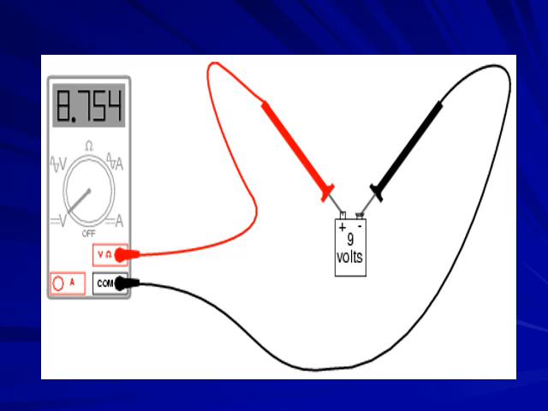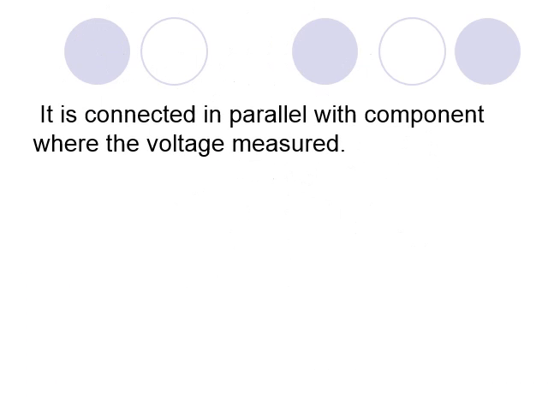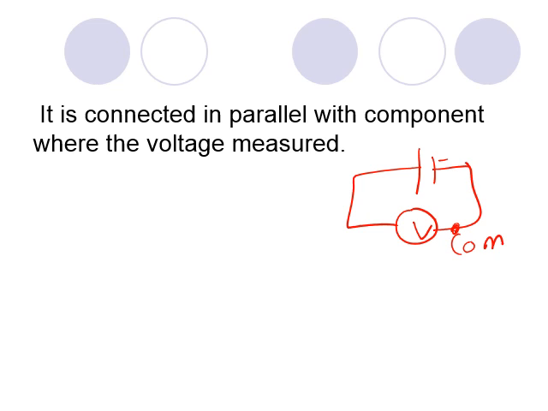We connect the V to the positive and the COM to the negative. It is connected in parallel with the component where the voltage is measured, like that V, and we connect COM to negative. Okay?